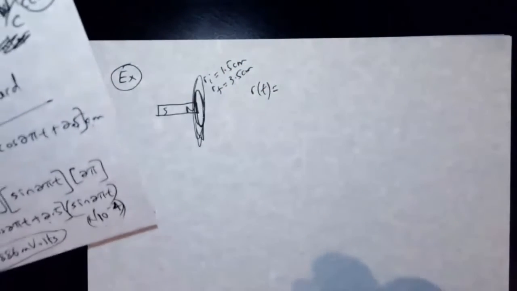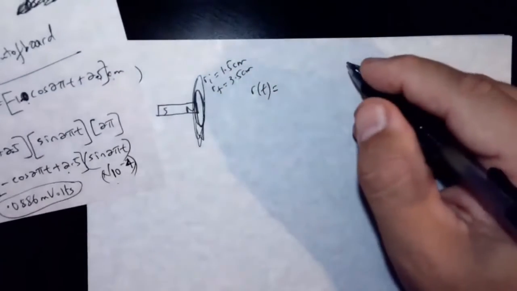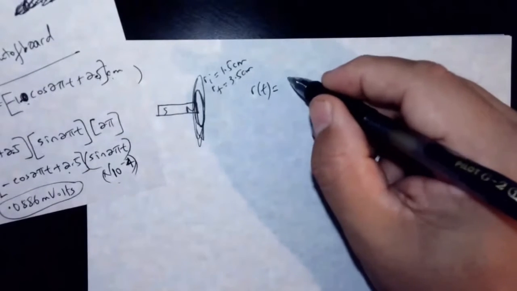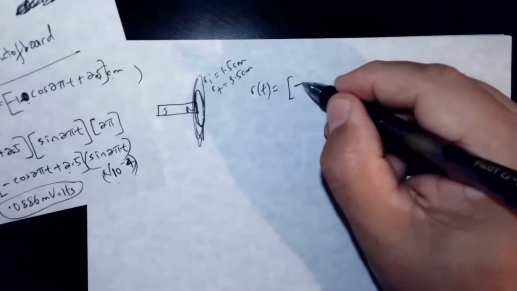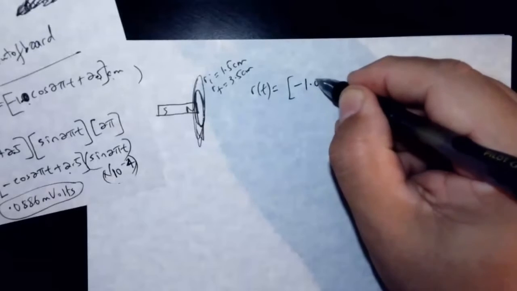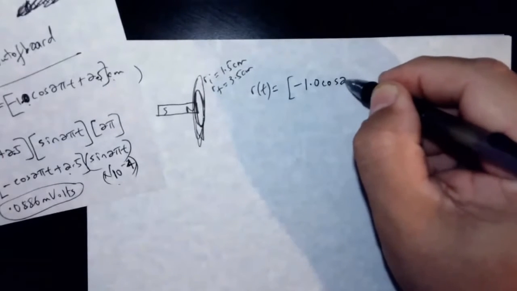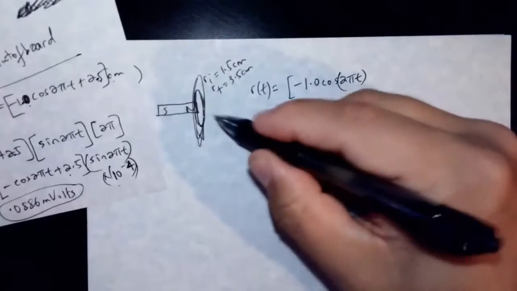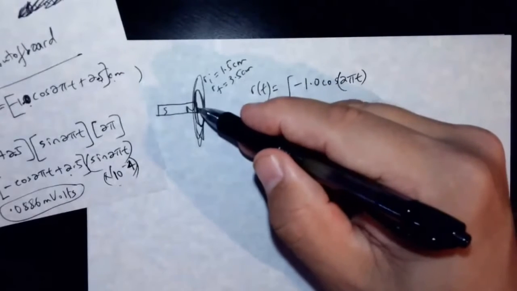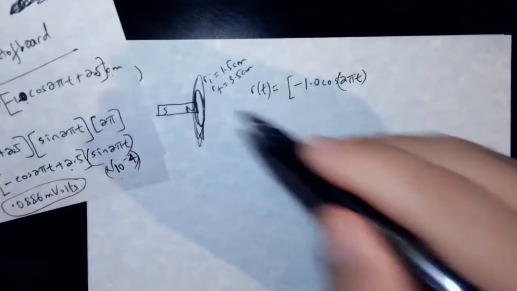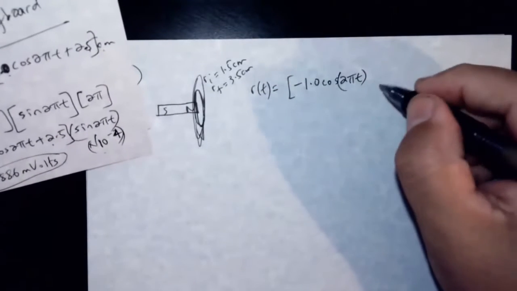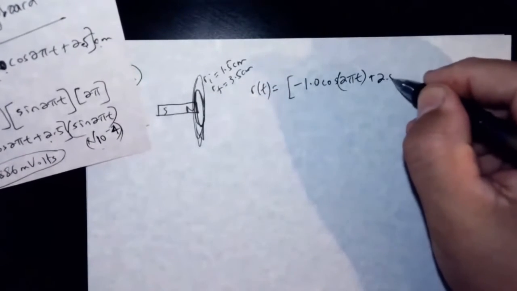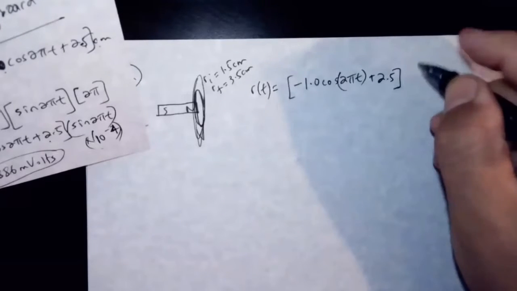So it was a cosine function, negative 1.0 cosine of 2 pi t. So the period of the motion was 1 second. So you went and came back in 1 second, and plus 2.5, and that was centimeters.